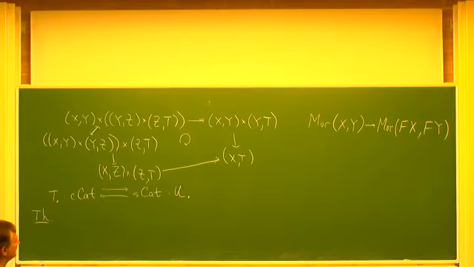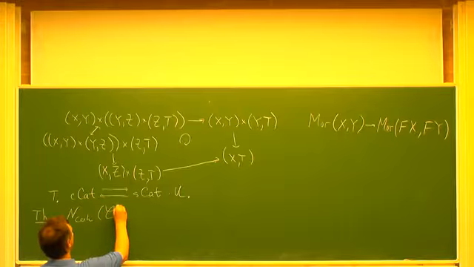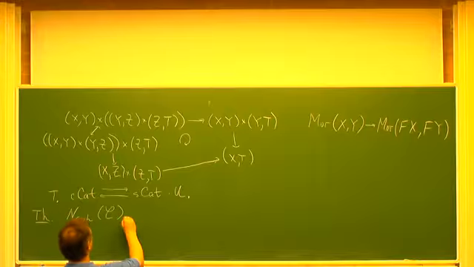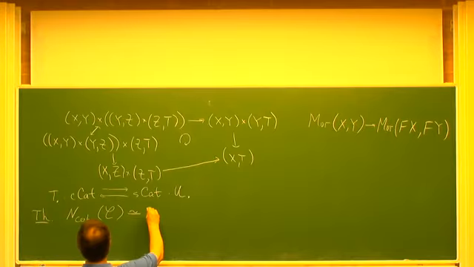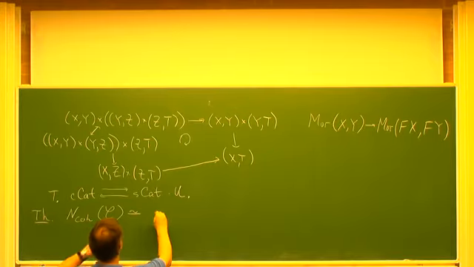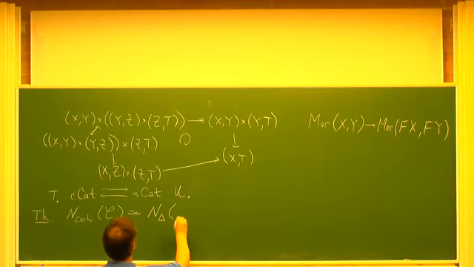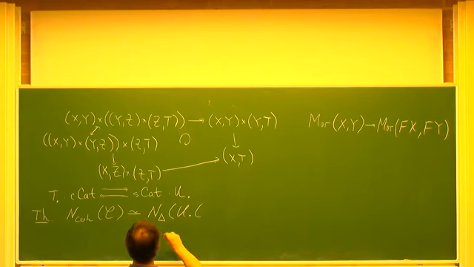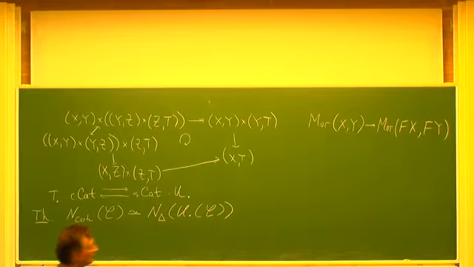Now I can formulate the theorem, which says that N coh of C, where C here is a simplicial category, is constructively isomorphic to N delta of U of C. The cool thing here is that we decompose the coherent nerve into two functors, each of them being more simple than their composition.